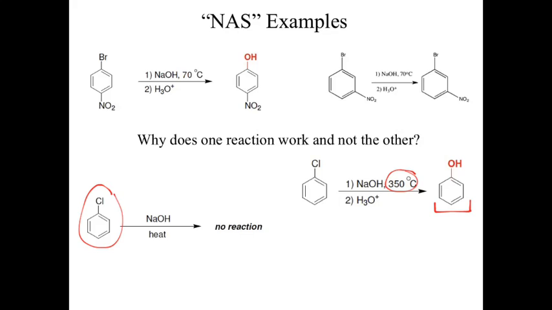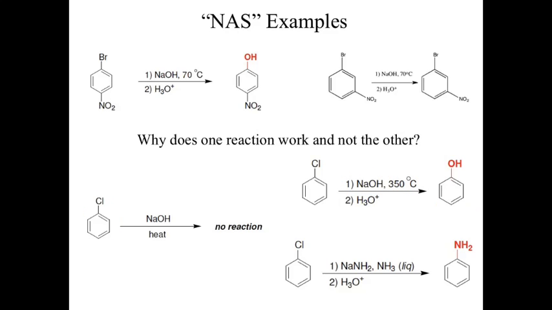Somebody else came along with a little more refined touch and said, there are other ways we can speed the reaction other than adding brute force heat. We can increase the reactivity of our nucleophile or electrophile. In this case, they decided to take a look at our nucleophile. So they switched it up and said, what happens if I jump it up to the NH2?